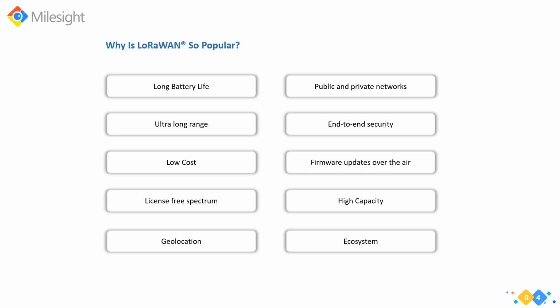And finally, there is a very, very large ecosystem composed of device makers, gateway manufacturers, network service providers, as well as application developers and engineers. So once you make use of LoRaWAN, you can enjoy all the benefits and advantages brought by LoRaWAN.